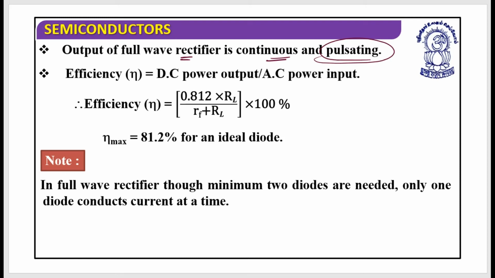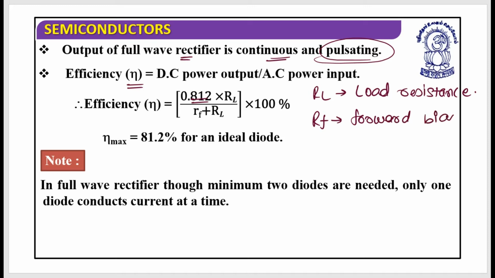That is what we discussed, it is pulsating DC, not pure DC. Efficiency is 0.812, almost double, multiplied by RL divided by (RF plus RL). RL is the load resistance, and RF is the forward bias resistance.